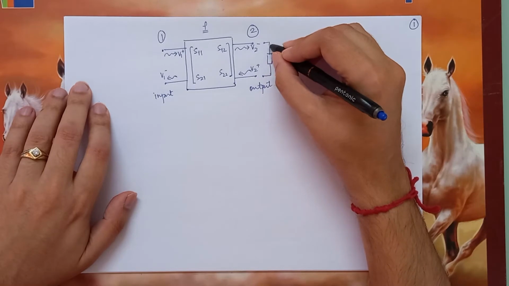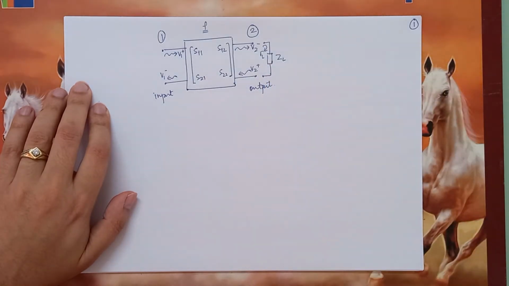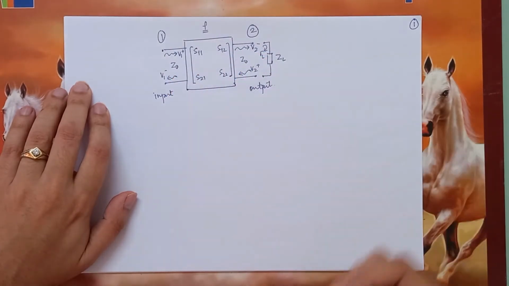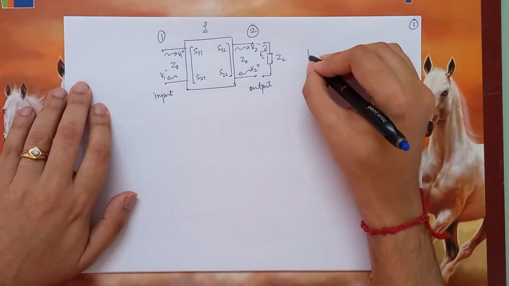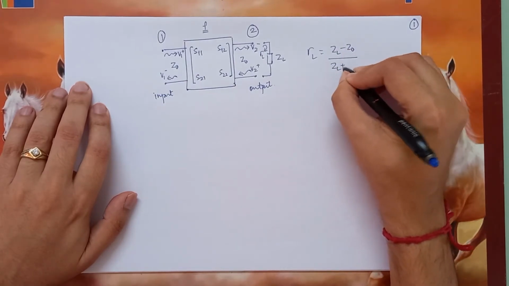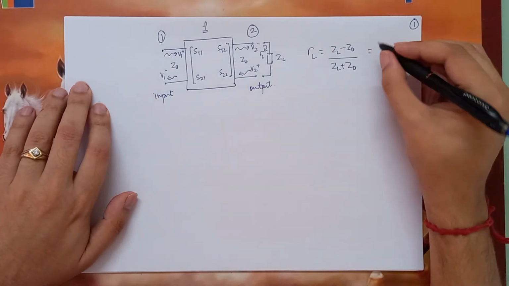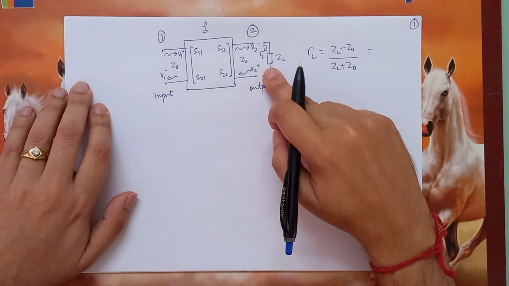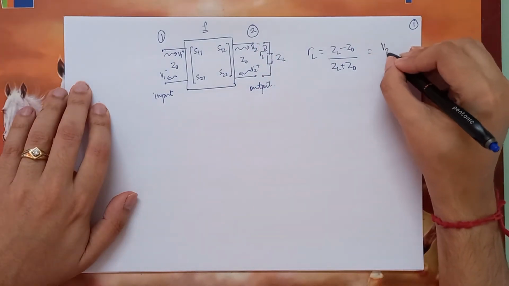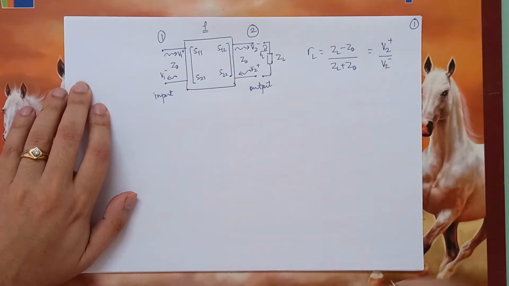Let's define the load reflection coefficient as gamma L. If the port feed lines have characteristic impedance Z0, then gamma L is ZL minus Z0 divided by ZL plus Z0. In terms of the voltage waves, it is the reflected voltage from the load divided by the incident voltage at the load. Reflected voltage is V2 plus and incident voltage is V2 minus.